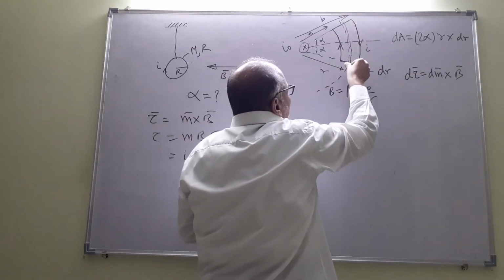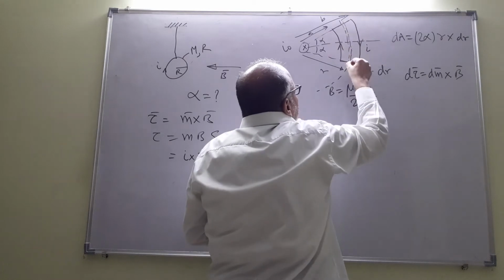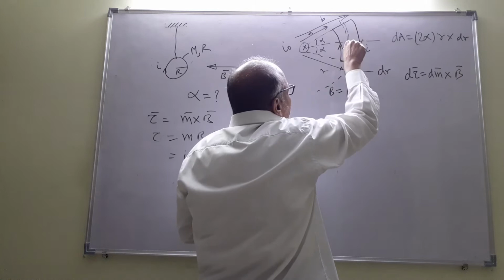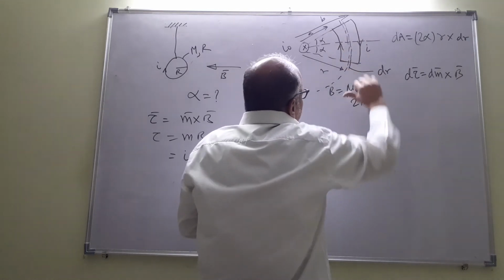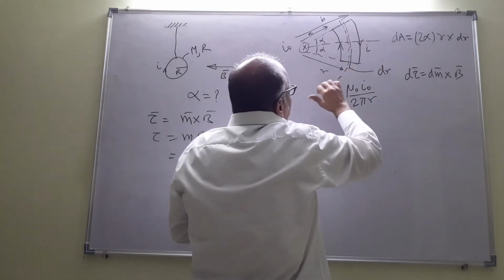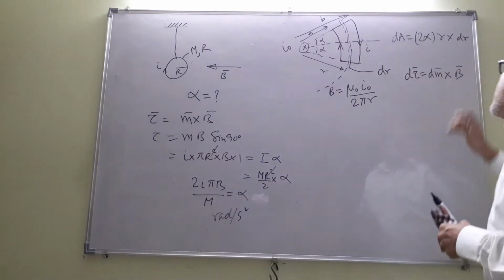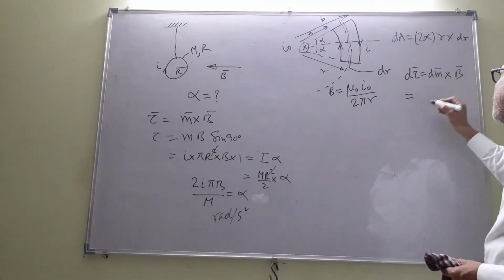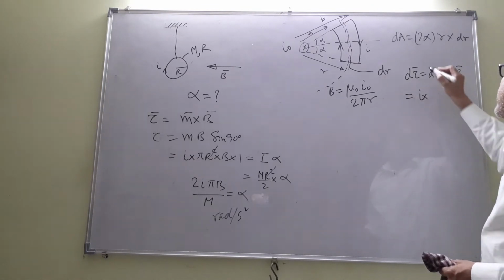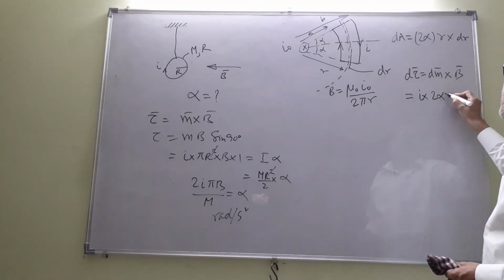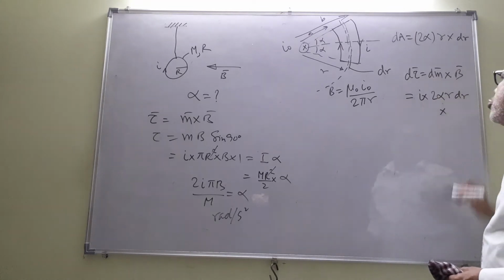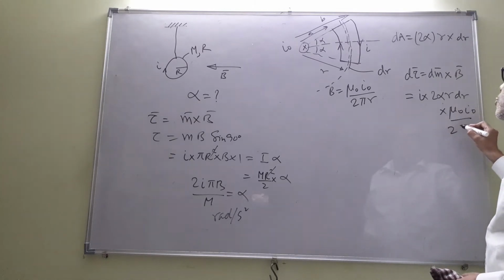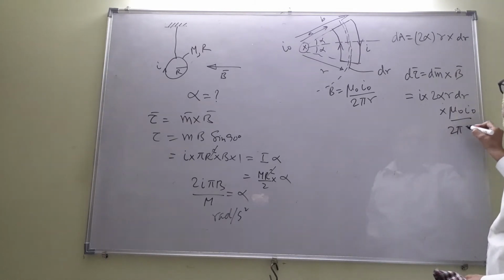If you take the small loop, the current in this loop, the area vector would be into the board, and B is in the plane of the board. So the angle between dm and B is 90. So dm would be the current I into the area, which is 2 alpha r dr, into B. B is mu naught I naught by 2 pi r.